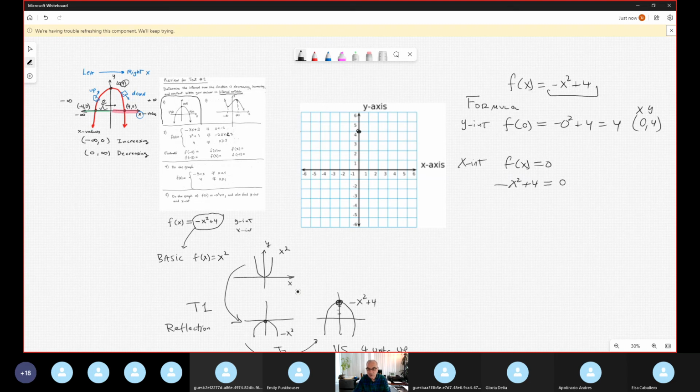You isolate x squared, you move to the other side, you apply square root both sides. And it says x equals 2 plus or minus. Wow. So we have two solutions. The solutions are 2, 0 and minus 2, 0. Then you plot those points, 2, 0 and minus 2, 0. And my parabola looks like that.